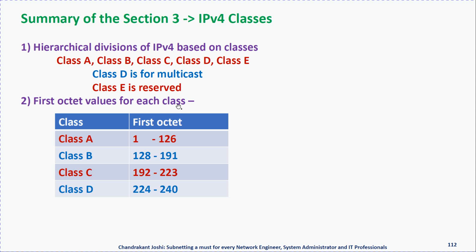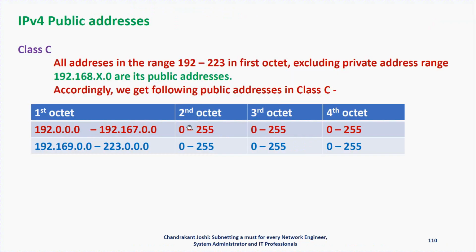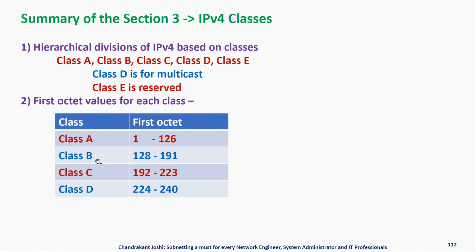The first octet values of each class: for class A, 1 through 126. This is what we used earlier. While finding this, we use that first octet value. For class B it is 128 through 191, and don't forget that 127 is reserved for loopback. We cannot use 0, 0 is also reserved.